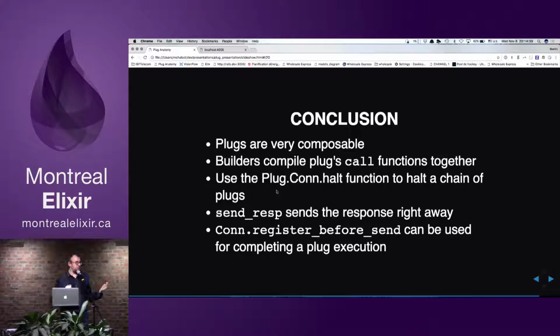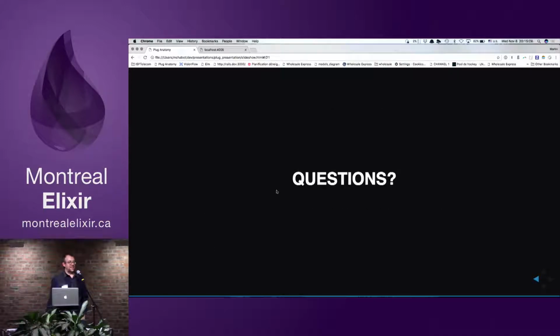The send response function is sending the information right away, and it's not delayed, unlike Rack, which sends the response when the call function is completed. And the register before send function can be used for completing plug execution. So that's it. Okay. Thank you.